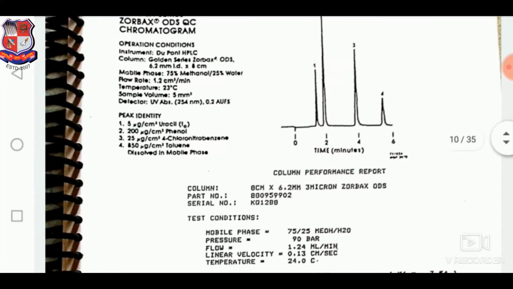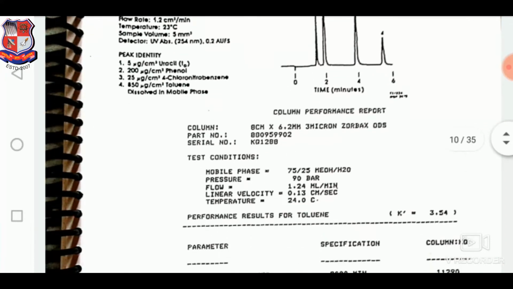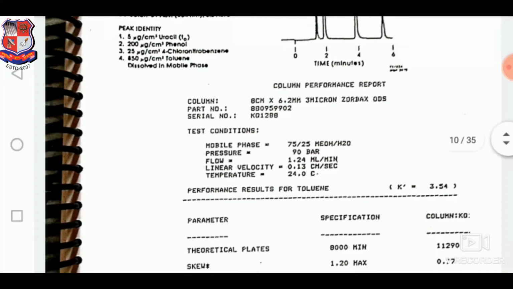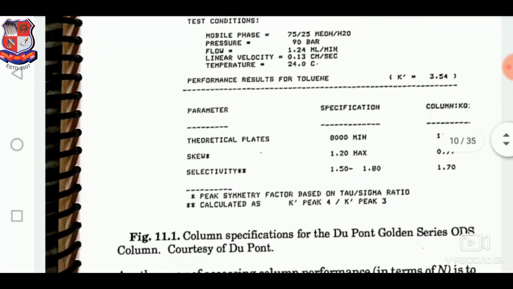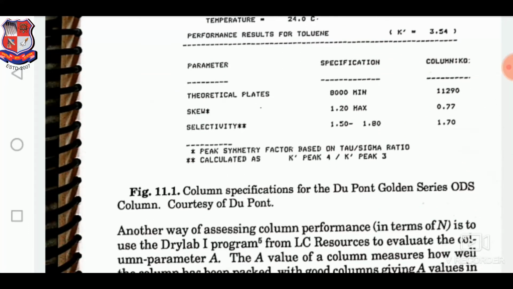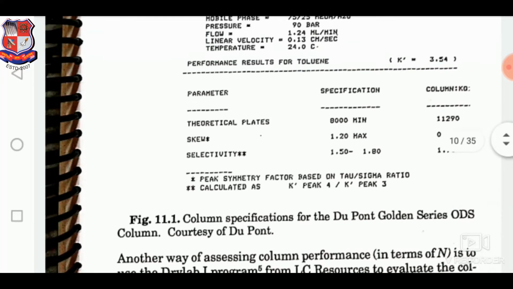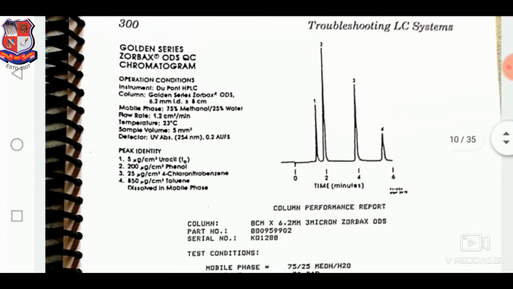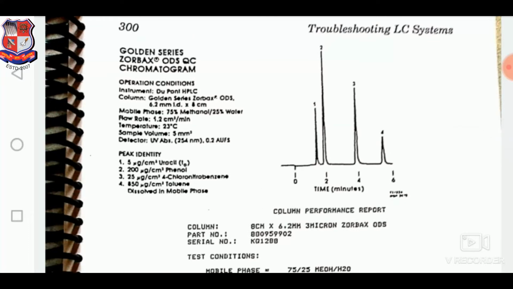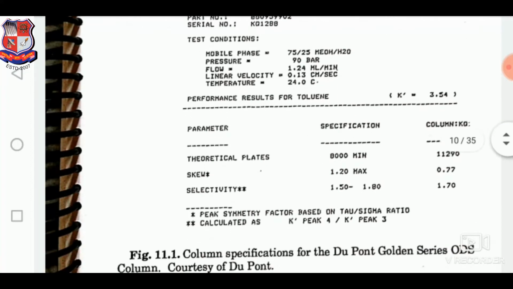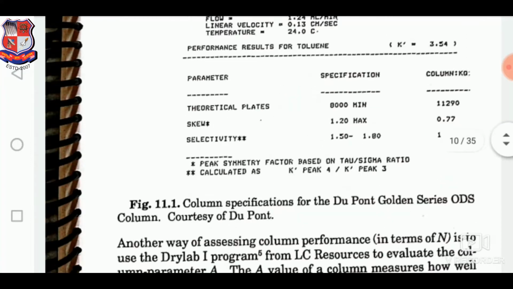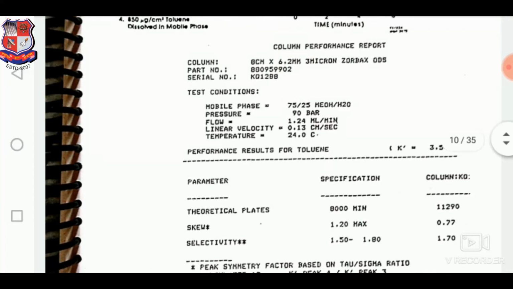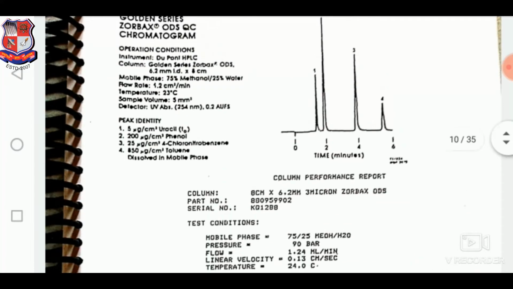So this is a chromatogram representing the system specification. Here you can see the parameter: one parameter available is theoretical plates, and this is from an authentic source, the Zorbax ODS QC chromatogram, and these are the operating conditions given here for the toluene peak.